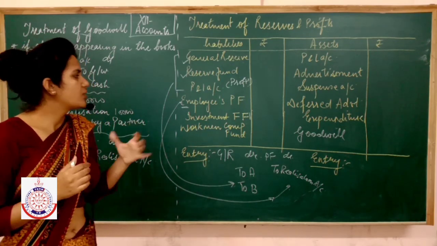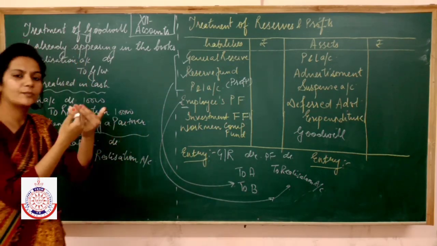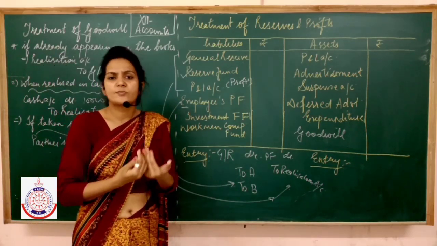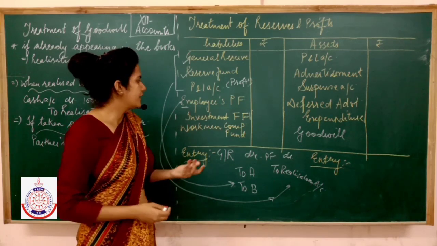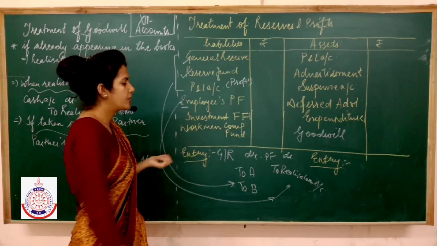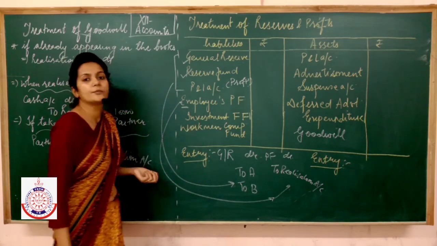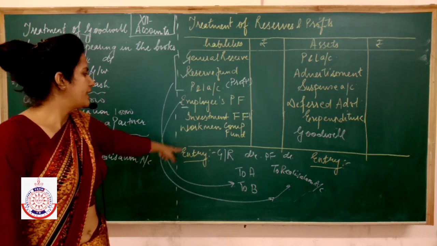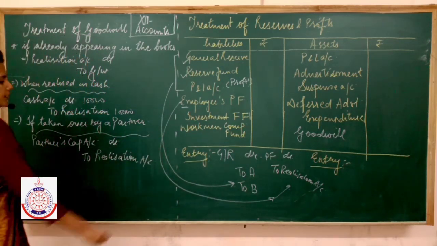Whatever investment you are selling off in the market, the money you have received, obviously that investment was always sold at a loss. So in that case, from where are we recovering that loss? We are recovering that loss from IFF. Fine. So simply you have to transfer this IFF to realization account.